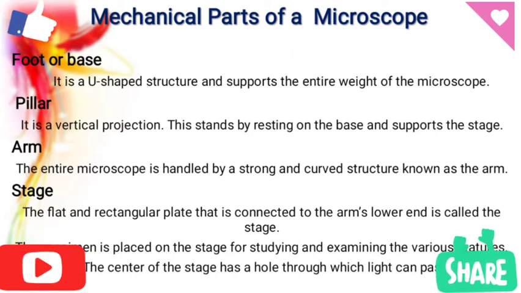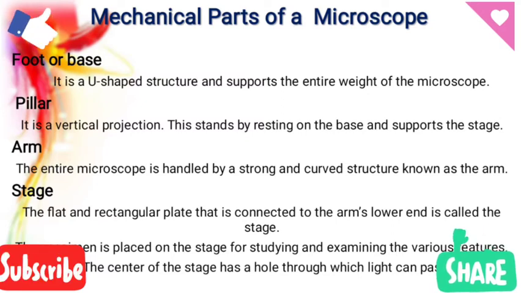Then the arm. The entire microscope is handled by a strong and curved structure known as the arm. Even we carry it holding the arm from one place to another. Then we have the stage, the flat or rectangular plate that is connected to the arm's lower end.